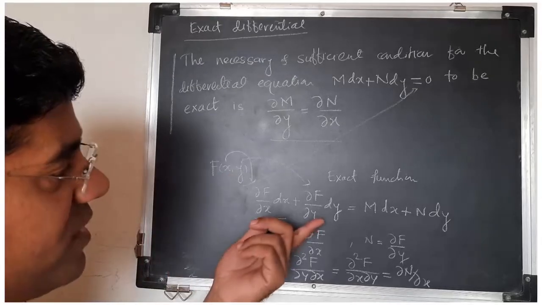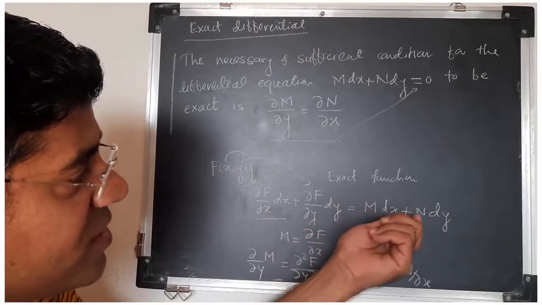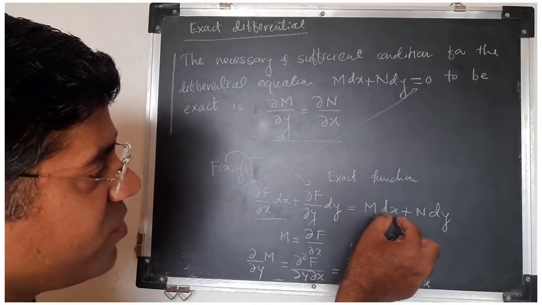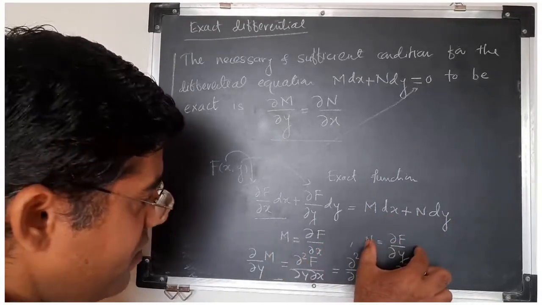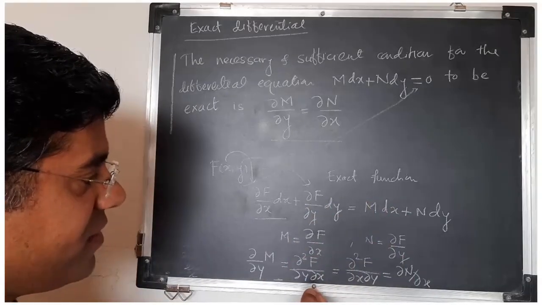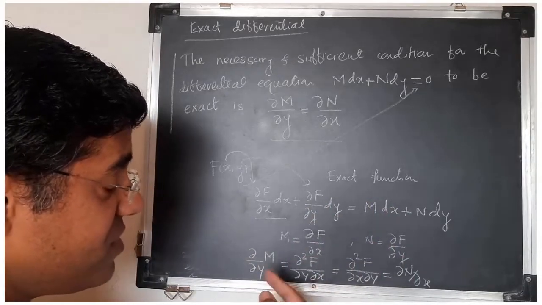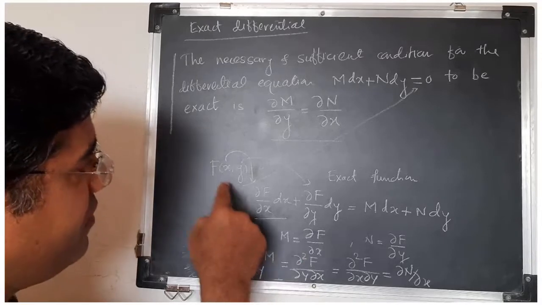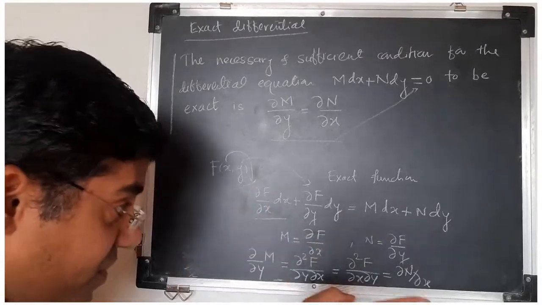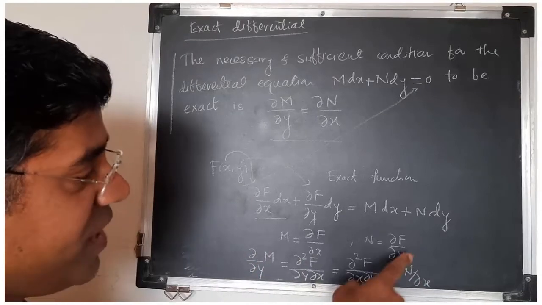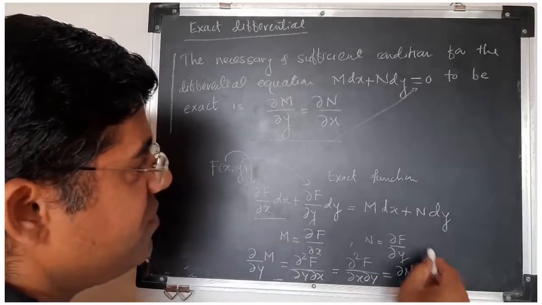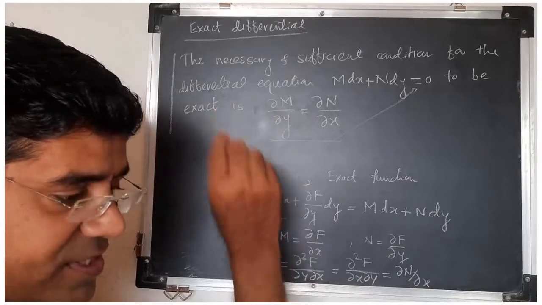We have taken the total differentiation, which is equal to M dx plus N dy. We have compared the coefficients of dx and dy to get M and N, and we are assuming that the second order derivatives of this function are also continuous. So from this we get this particular case.